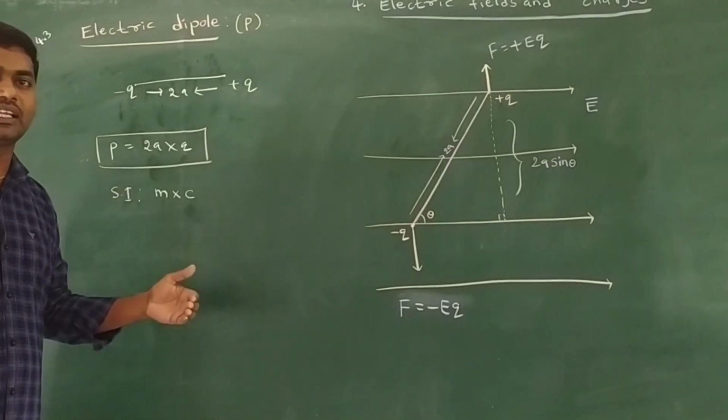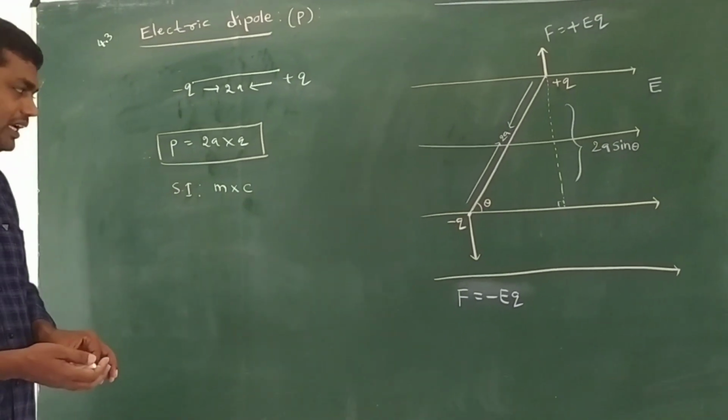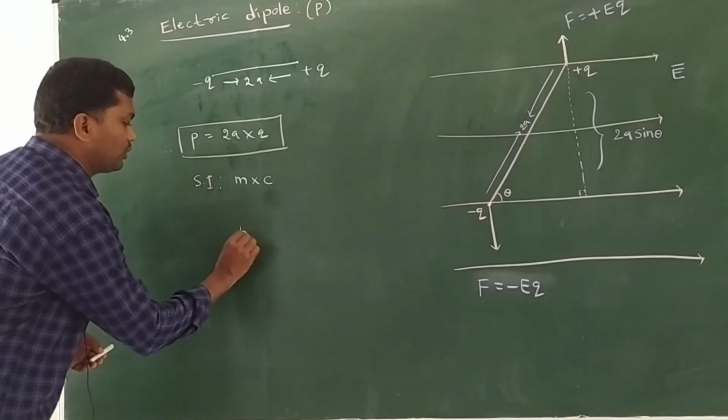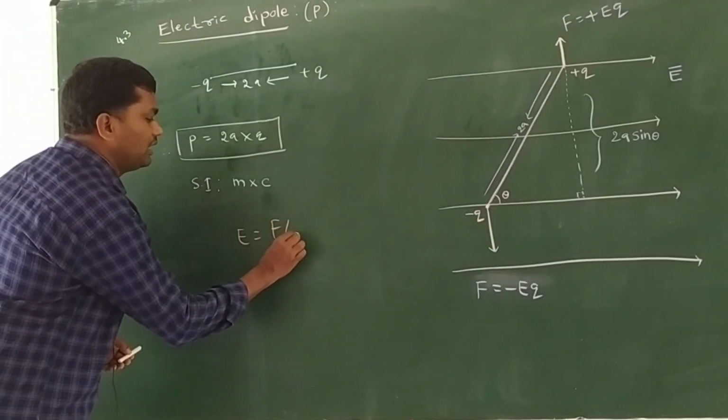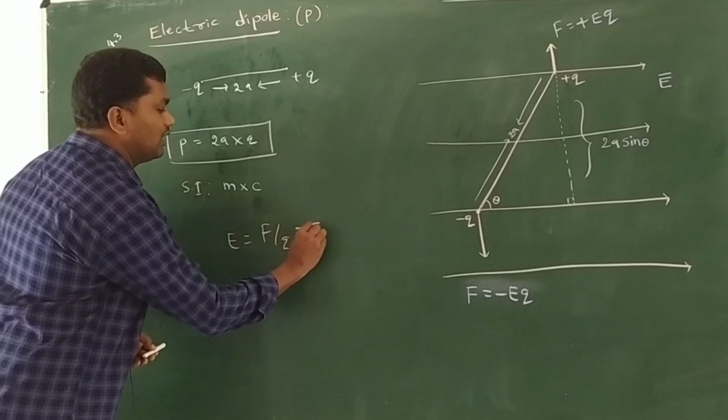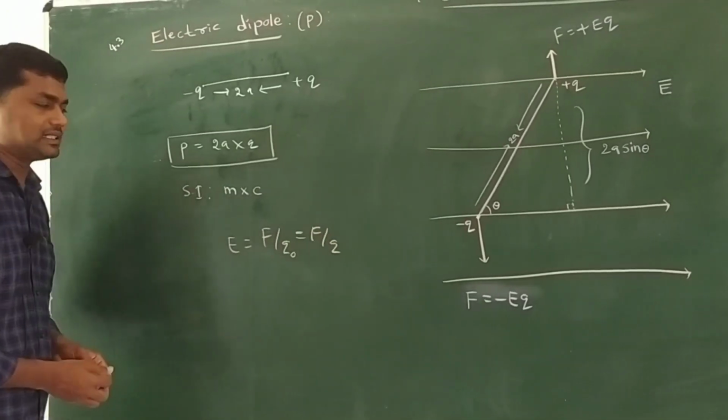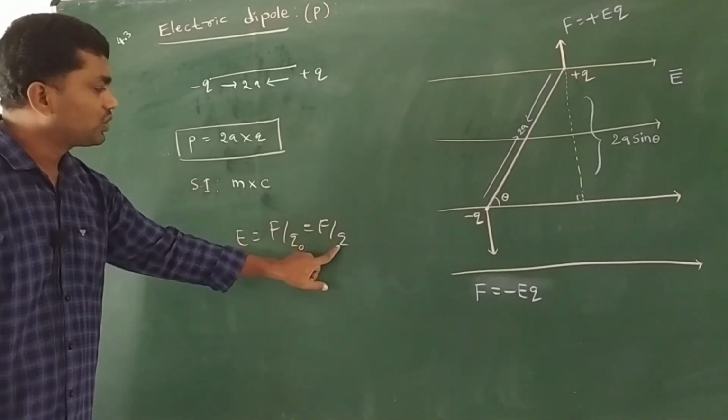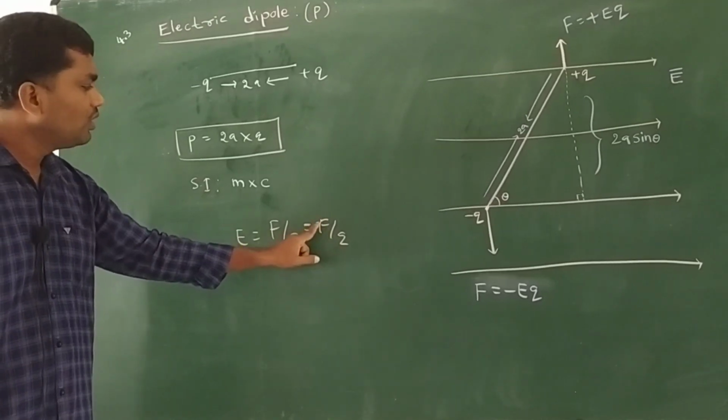Next, let us discuss the electric field intensity, or electric field, indicated by E. E is equal to F by q naught, or F by q, where F is the force and q is the charge.